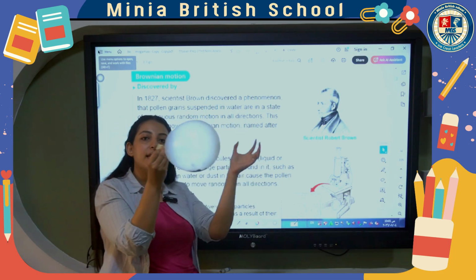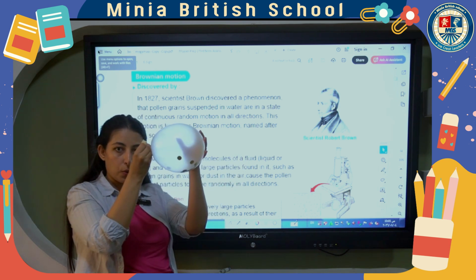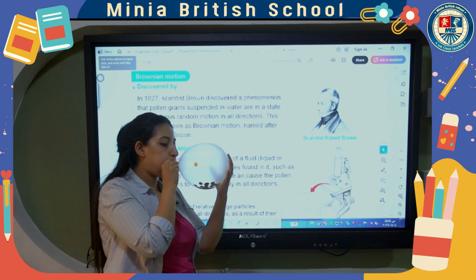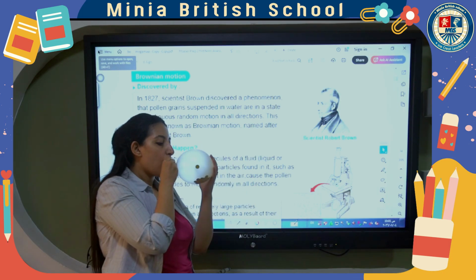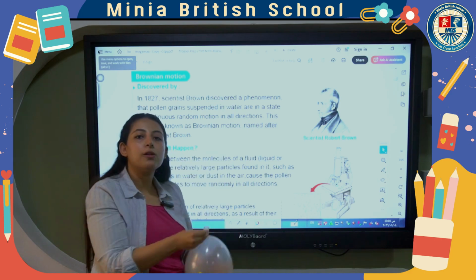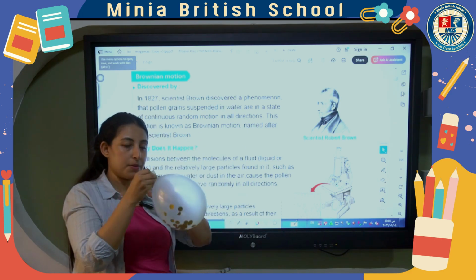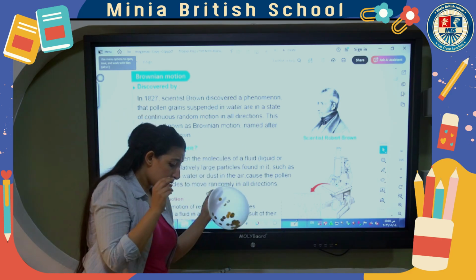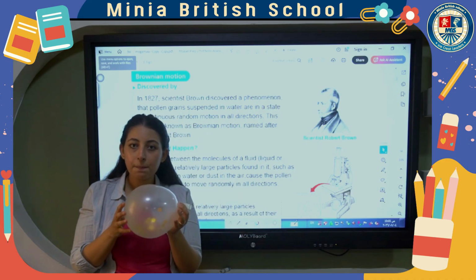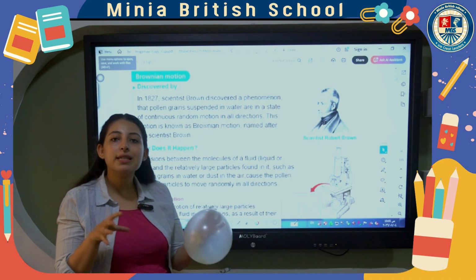They collide with each other inside, as you saw. The molecules inside collide with each other. So, this motion of molecules inside the balloon or any matter is called Brownian motion.